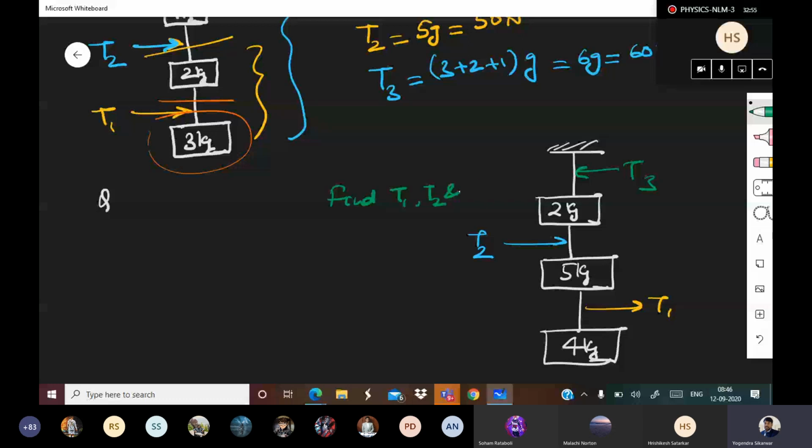Give me the answer quickly. After the last question, you should now be able to solve this just by seeing it.